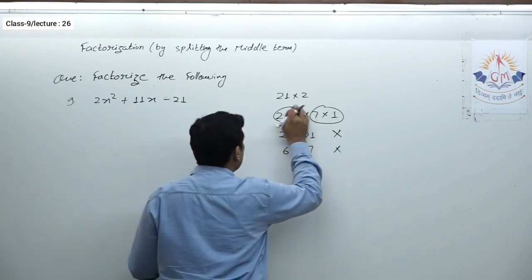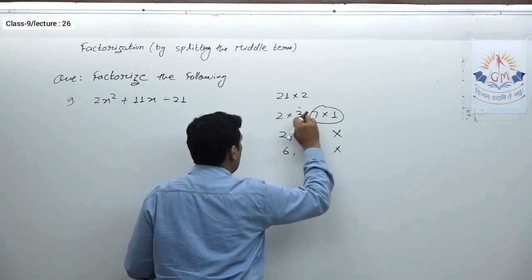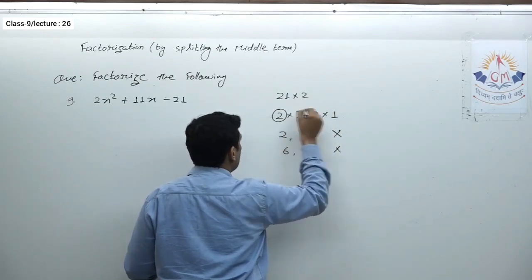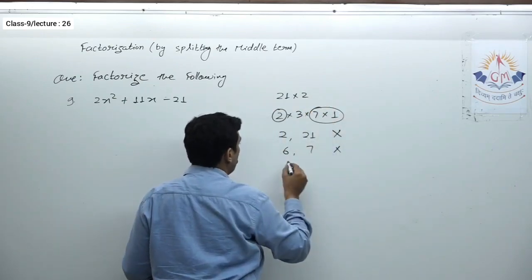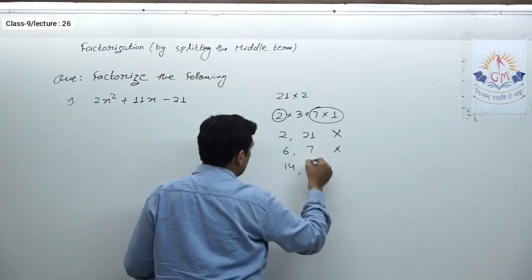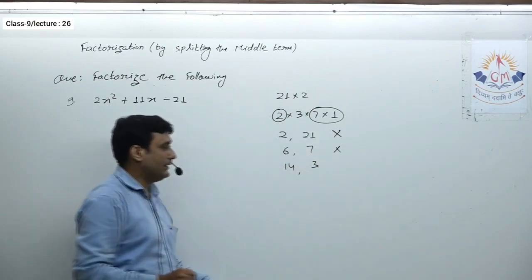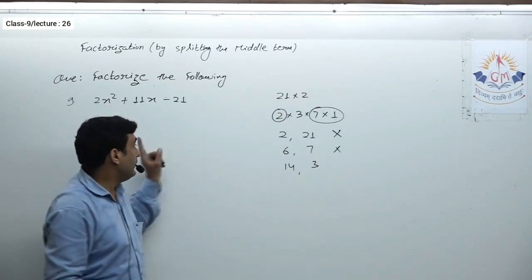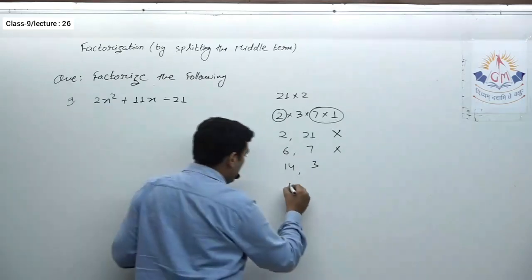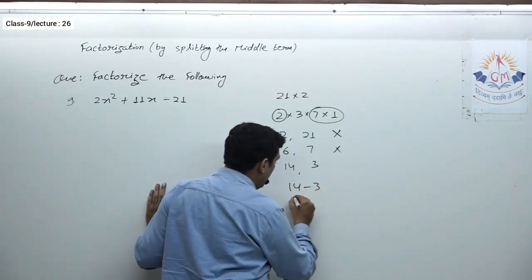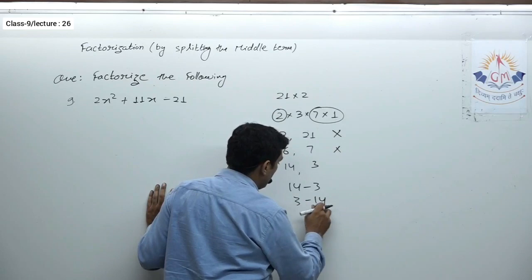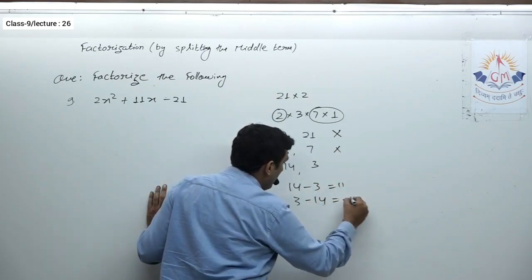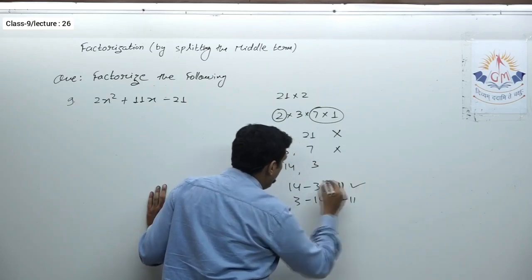Now only one combination is left: if I take this 7 and 2 together, that gives me 14, and this 3 alone. Now their difference is 11, isn't it? 14 minus 3 is 11. And one thing more, I need positive. When I talk about difference, we have to consider both a minus b and b minus a. But we need positive 11. That means this is the correct combination.